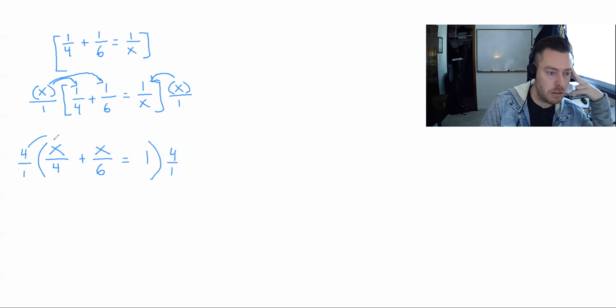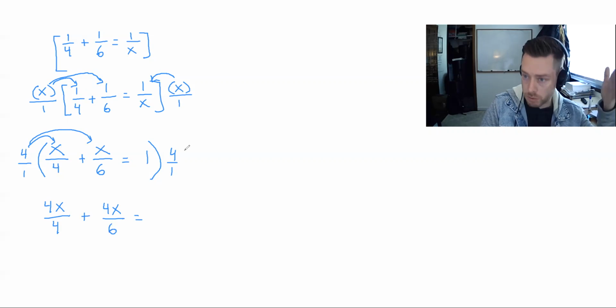Okay, same thing. 4 is going to be multiplied by here. Okay, so 4 times X is just 4X. 1 times 4 is just 4. Plus 4 times X is just 4X. 1 times 6 is just 6. Okay, and then 1 times 4 over 1, or 1 times 4, is just 4.